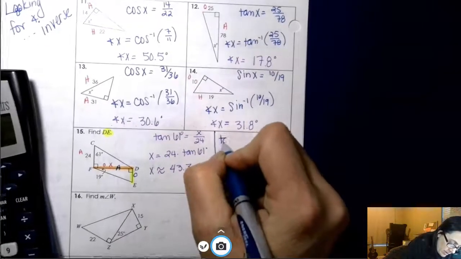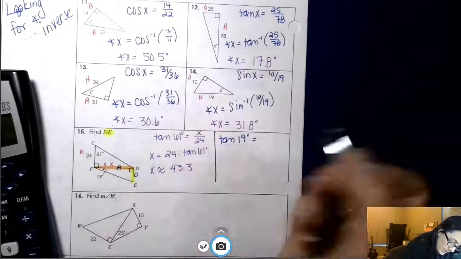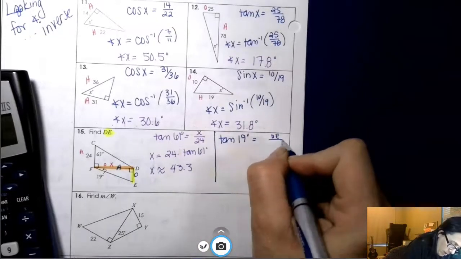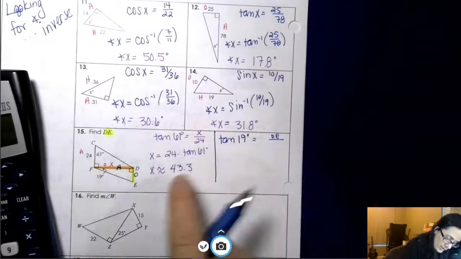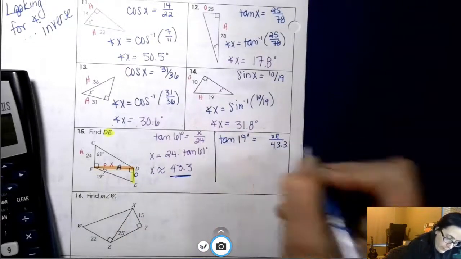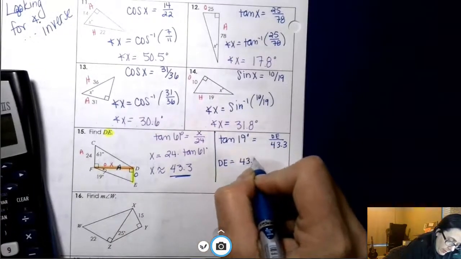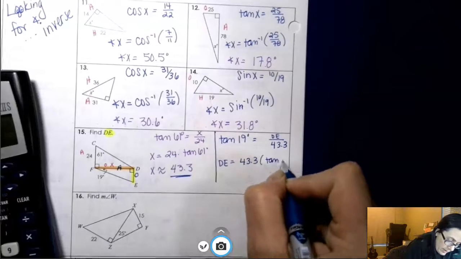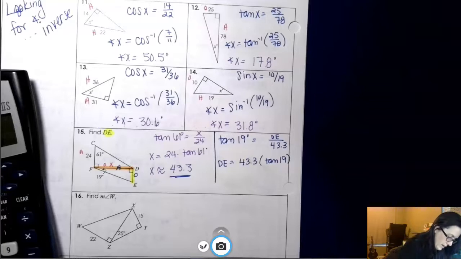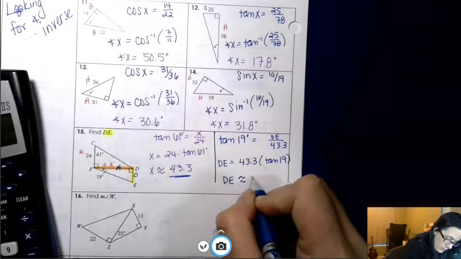So now tangent of 19 degrees equals opposite, we'll just call this DE, over adjacent, which is this right here, 43.3. DE is equal to 43.3 times tangent of 19, and I get DE is approximately 14.9.